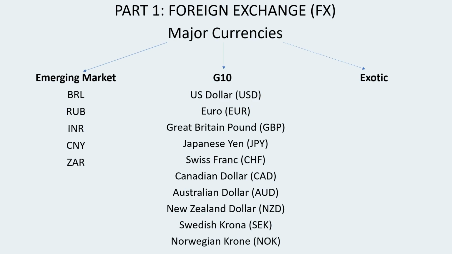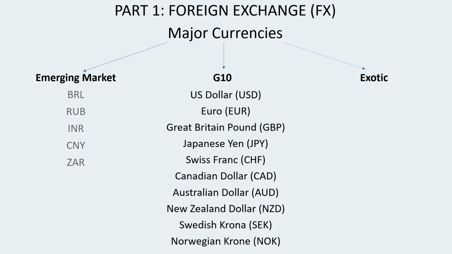For example, if you see JPY, immediately you should know it is Japanese yen. If it's AUD, immediately you're expected to know that it's the Australian dollar. Next, we move on to the emerging market currencies. The most important ones are Brazil, Russia, India, China, and South Africa.